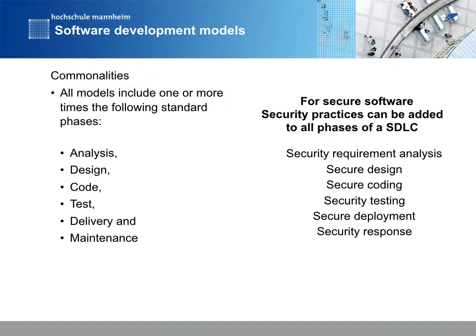And you need to add specific security elements, or you can formulate it also the following way. Each of these phases must be suited to produce secure software. For each of these phases, you may have different risks.